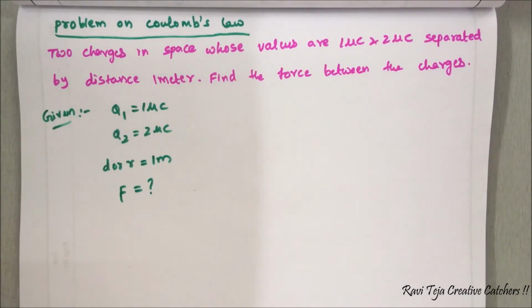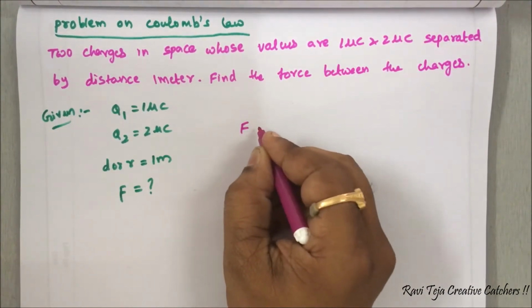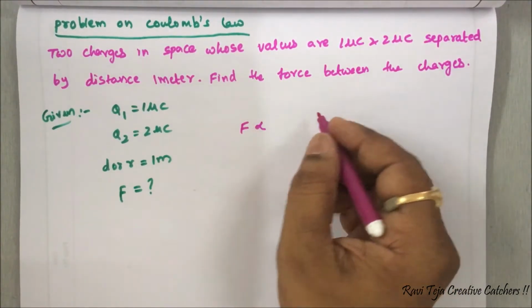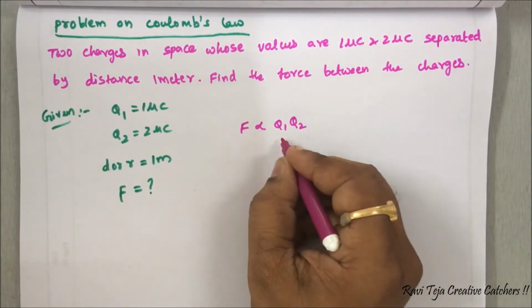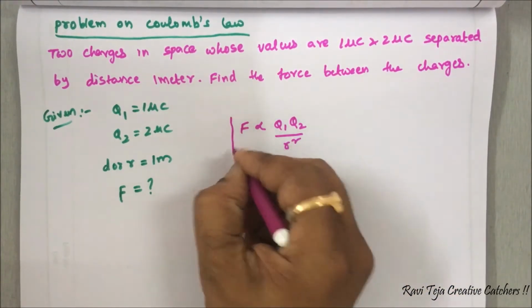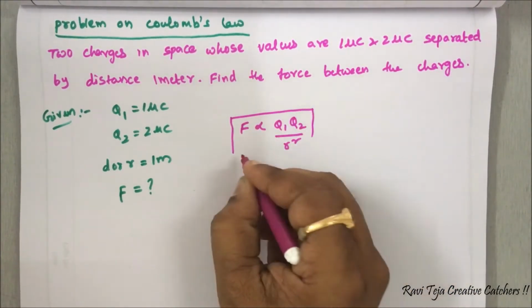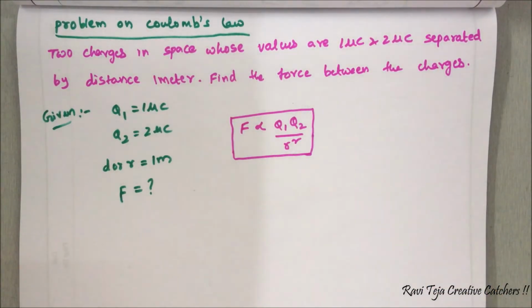Okay, so according to the Coulomb's law statement, we have seen that force F is proportional to Q1 Q2 by R square, right? This is what we have seen. In order to remove the proportionality, we have added a constant k.